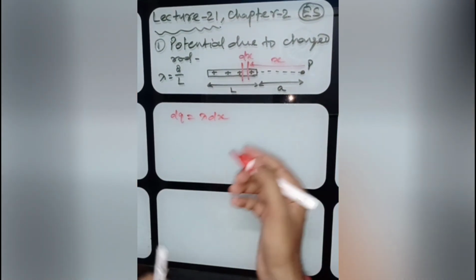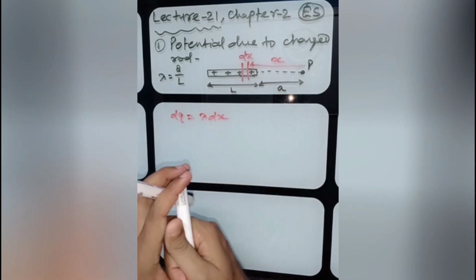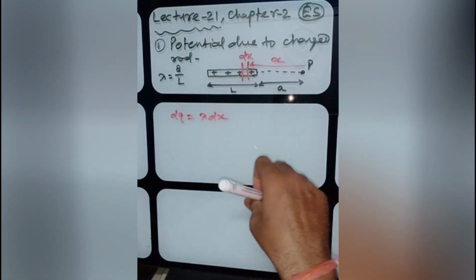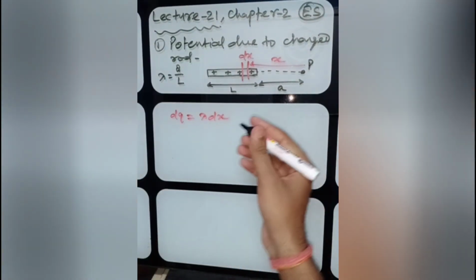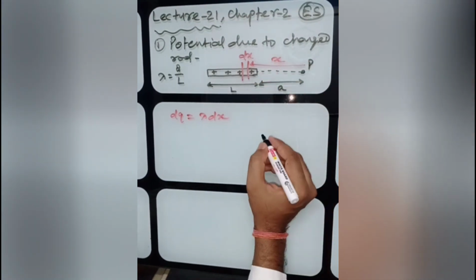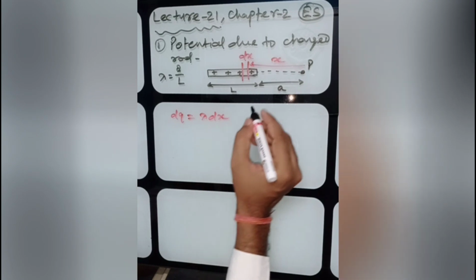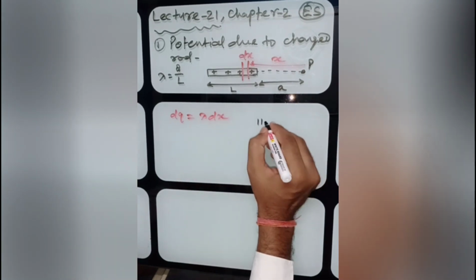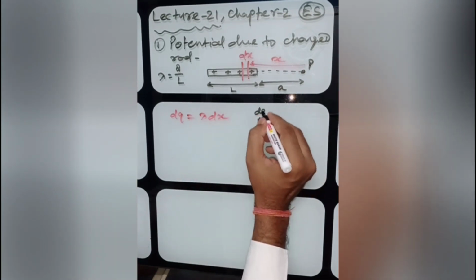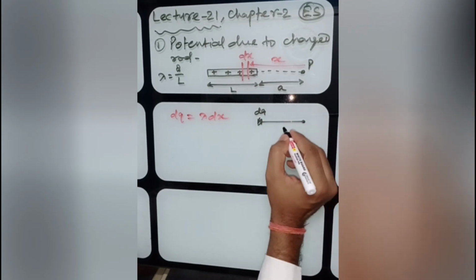I hope, students, you have worked hard at home so that you can understand this; it is very easy for you now. To find potential at point P, this elemental charge dq is like a point charge at x distance.